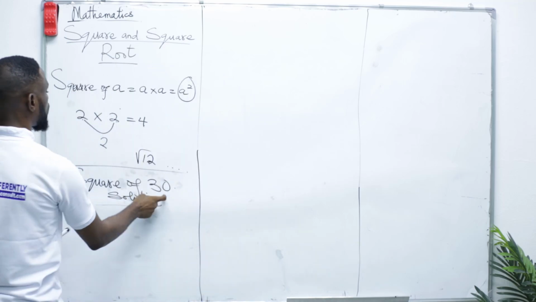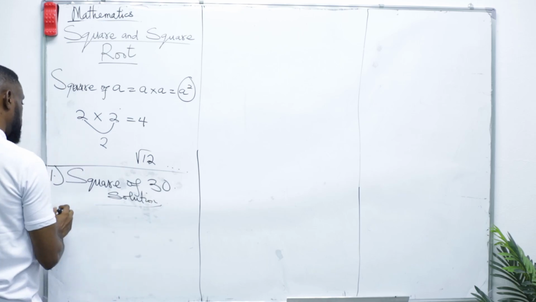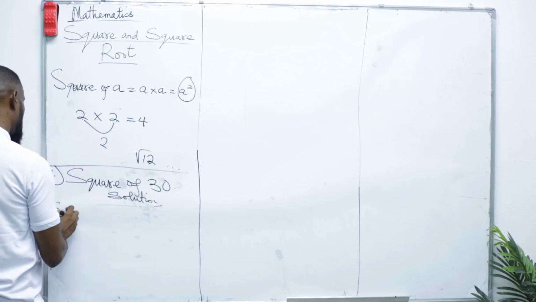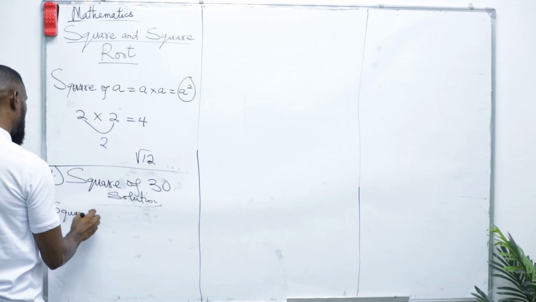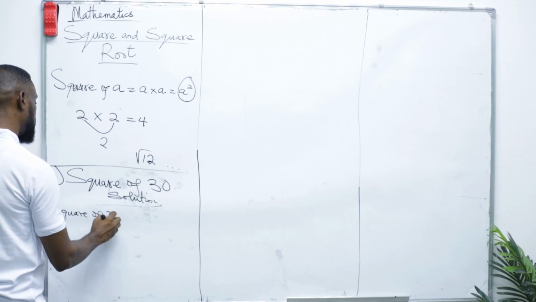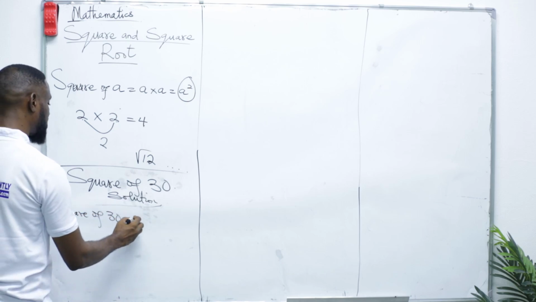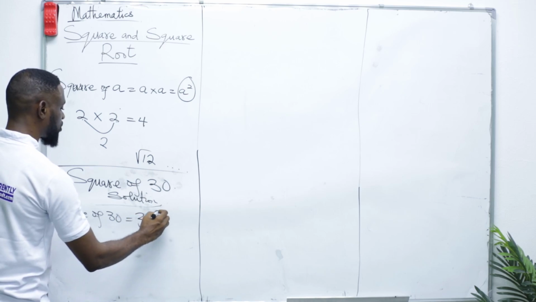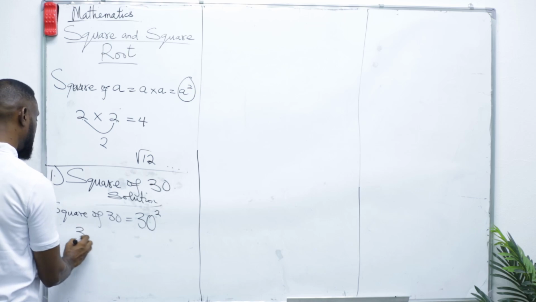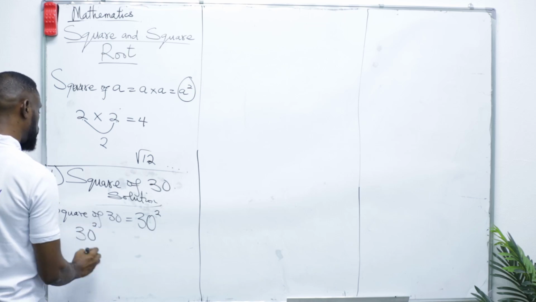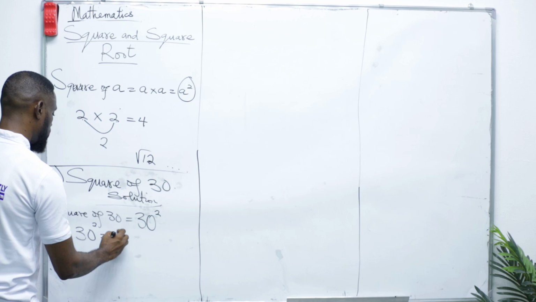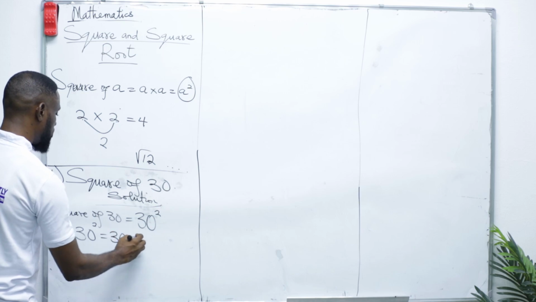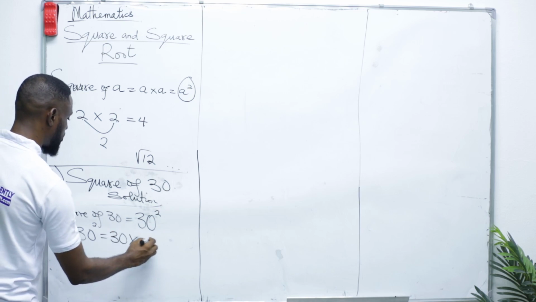So for 30, the square of 30 is mathematically denoted as 30 raised to power 2. So 30 raised to power 2 is equal to 30 times 30.